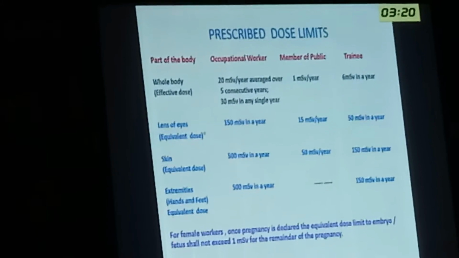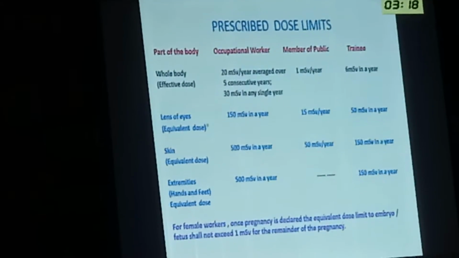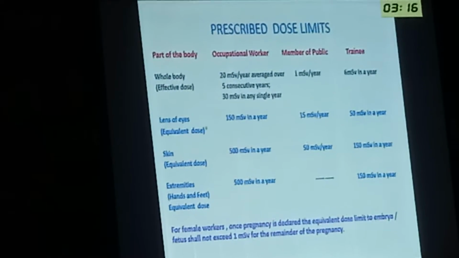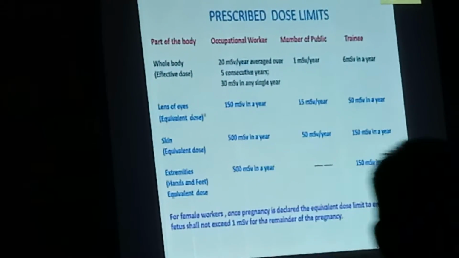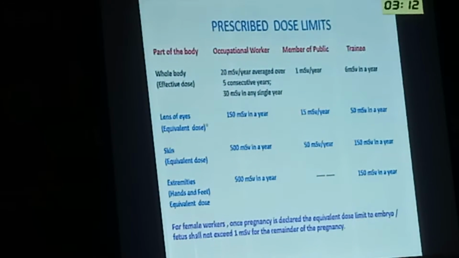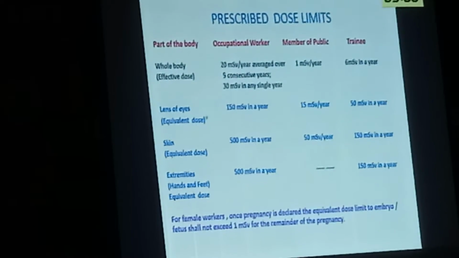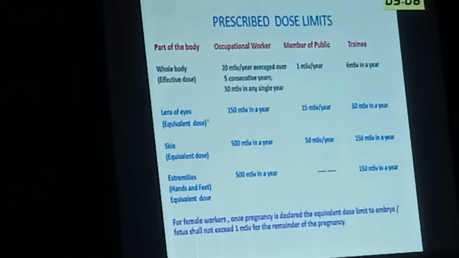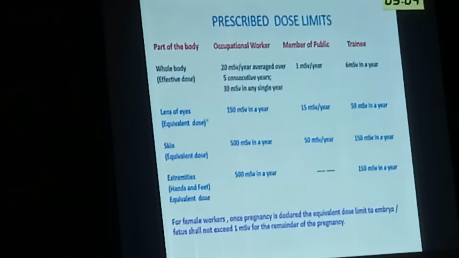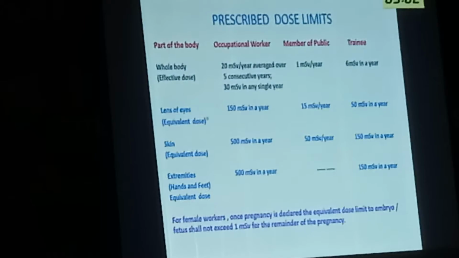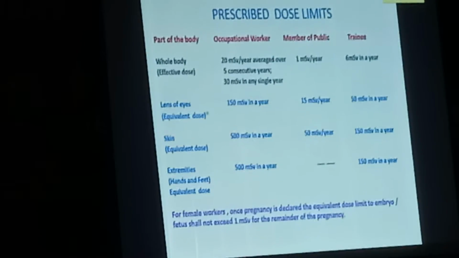How much dose does a patient get for a chest X-ray? It was around 0.1 millisievert. He was under the primary beam, so he used to get 0.1. The staff or operator working there will get much less. Much less. And your limit is 20 millisievert.